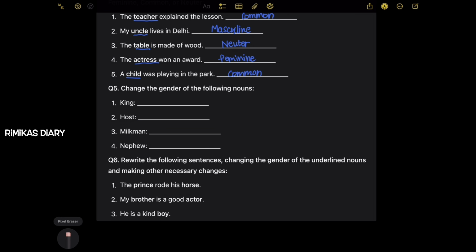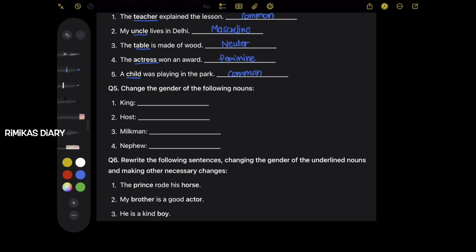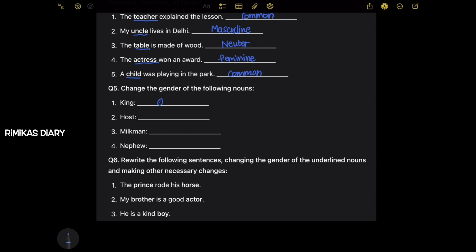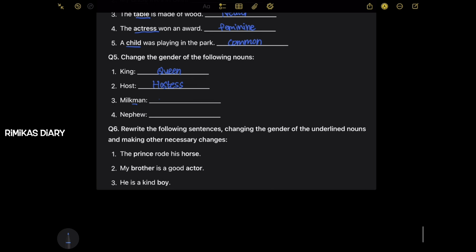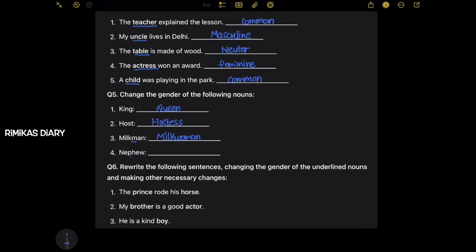So king, queen. Host, hostess. So milkman, milkwoman. So next, nephew, niece.